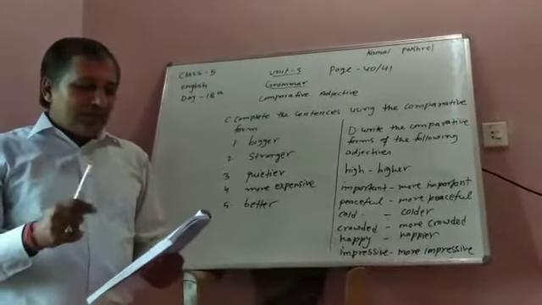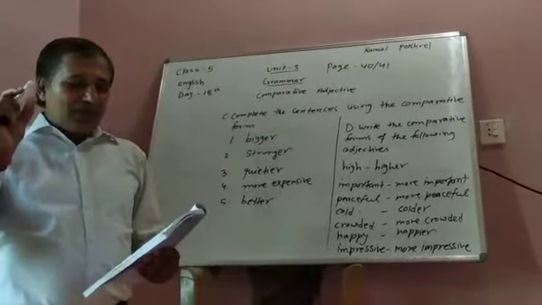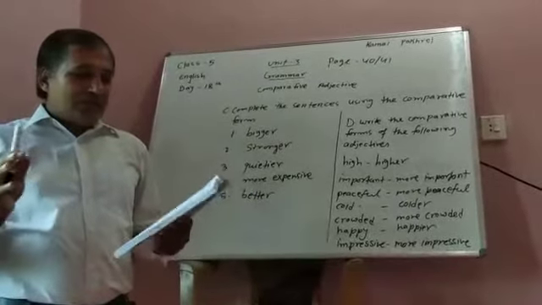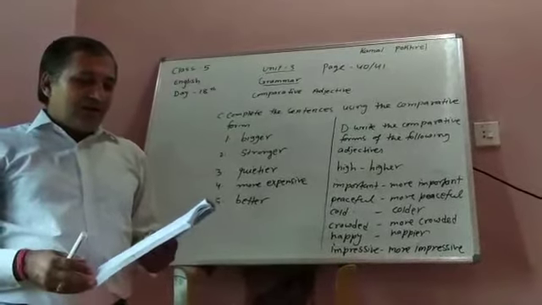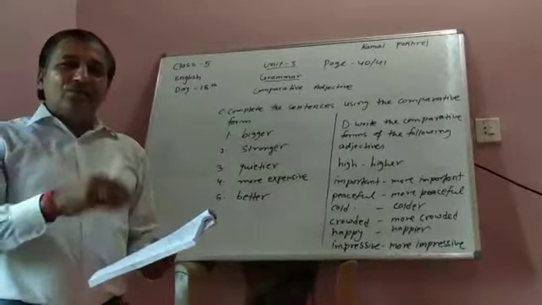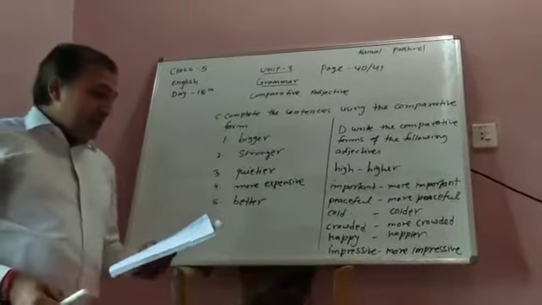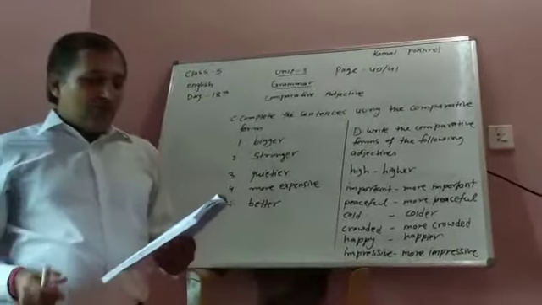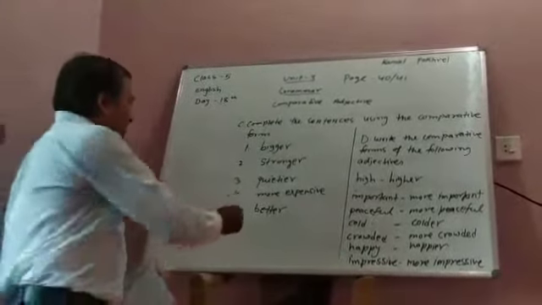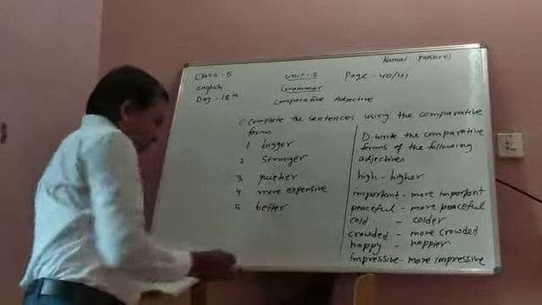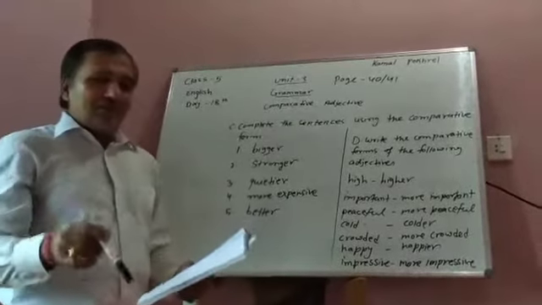As I have already mentioned, we can make the comparative adjective in two ways, either by adding er or by adding more to the adjective. Question number 5. Your work is not very good. I am sure you can do better. Good is in the bracket, and good should be converted into better.